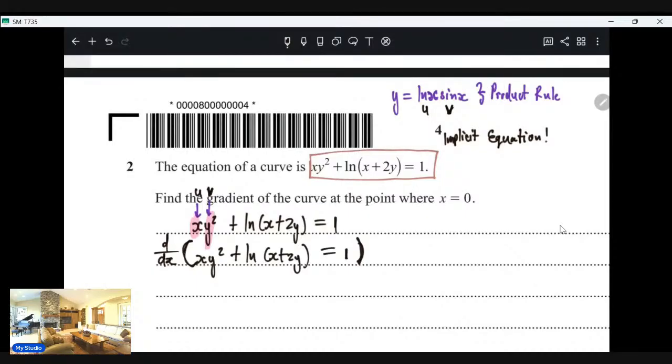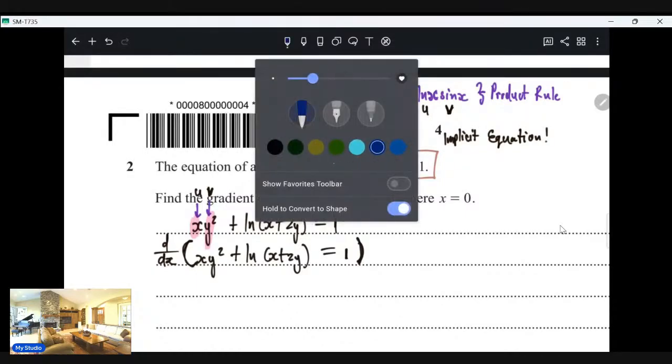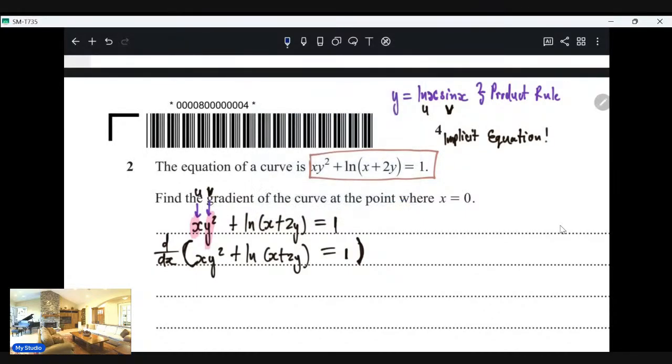Now let's start using the product rule carefully. This is where the secret lies. This is where this thing is hard for people. They don't use product rule here. Product rule says this is u, this is v. So when we want to differentiate it, how do you use the product rule? Remember, we are differentiating everything.